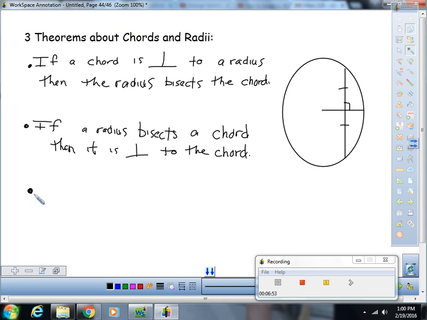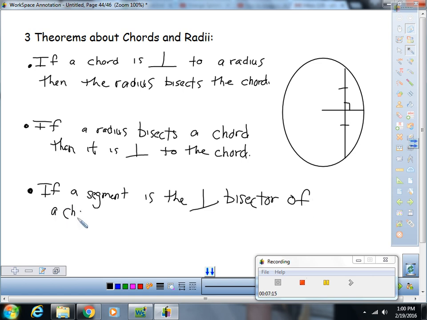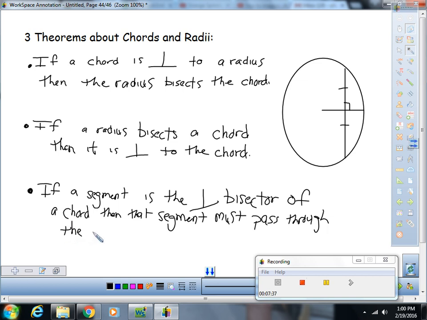And then finally, the third one says if a segment is the perpendicular bisector of a chord, then that segment must pass through the center of the circle.